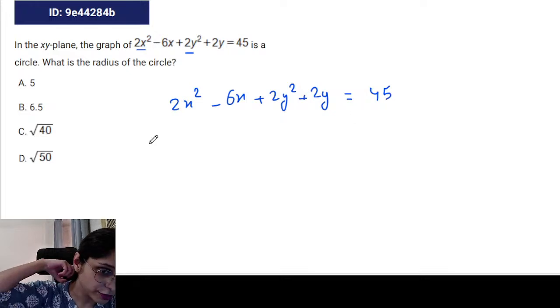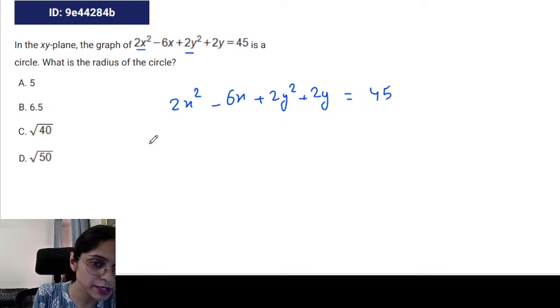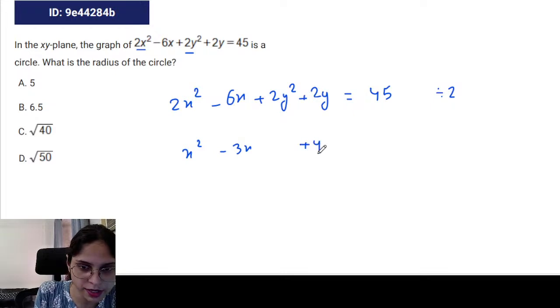You first have to make the coefficients of x square and y squared 1, so you have to divide by 2. So divide everything with 2. X squared minus 3x, give some space, y squared plus y, give some space, equals 45 over 2.